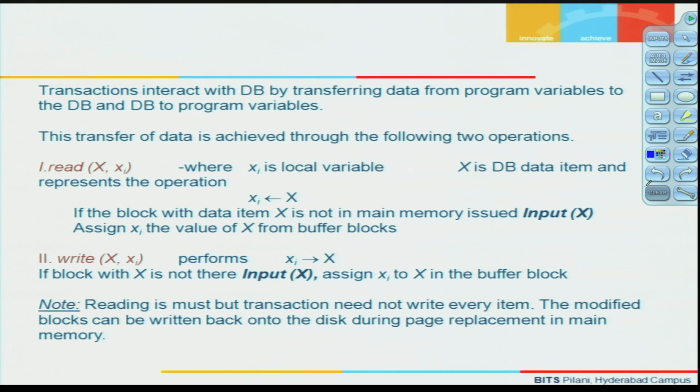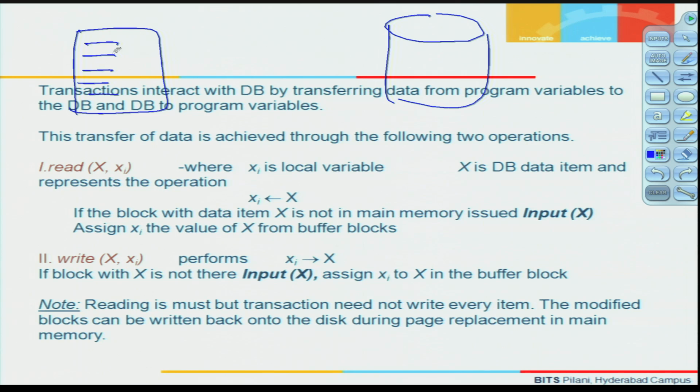Transactions interact with the database by transferring data from program variable to the database and database to the program variable. Let us assume that there is a program which has some instructions or code and which is supposed to manipulate the data contained in the database, and suppose the application program is supposed to process the data item A which is available on the disk block and which is part of a record on the disk block.